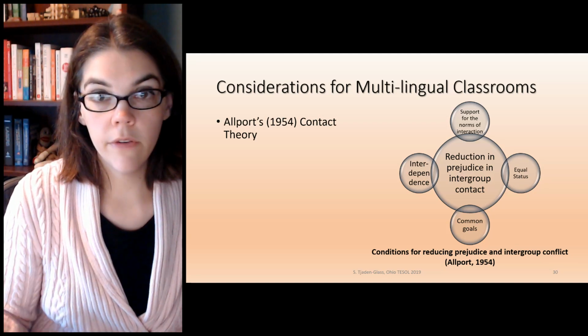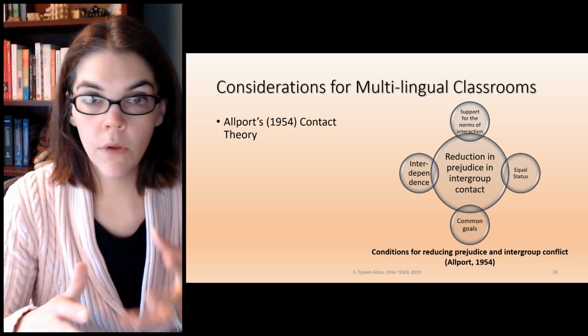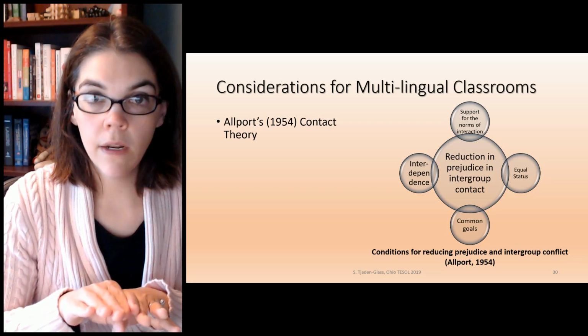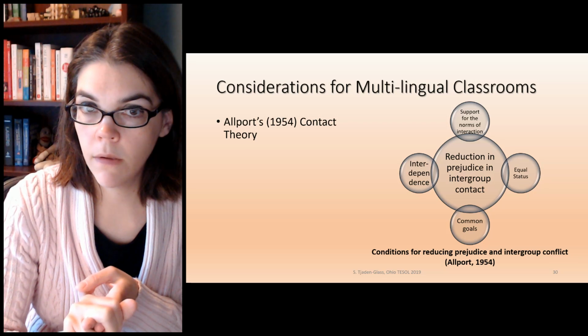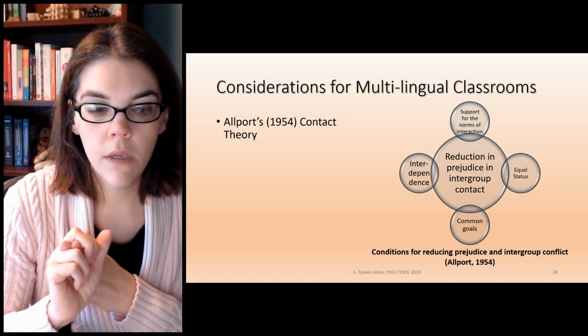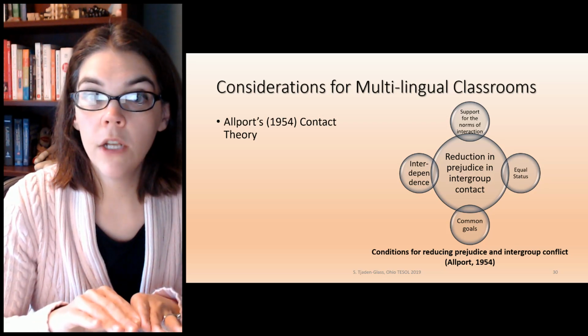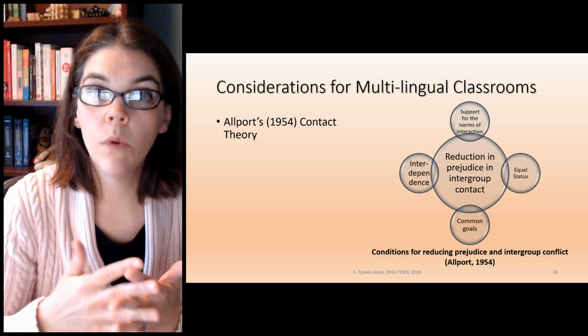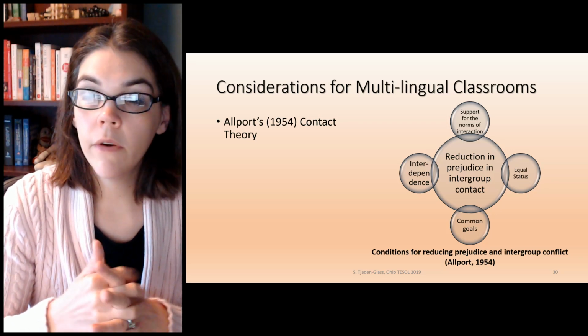And the four areas that he mentions are equal status, so everyone in the group has equal status. Common goals. They're working towards something. So it could be a group project, and everyone in that project is doing a role that has equal importance and is equally valuable. They're interdependent.